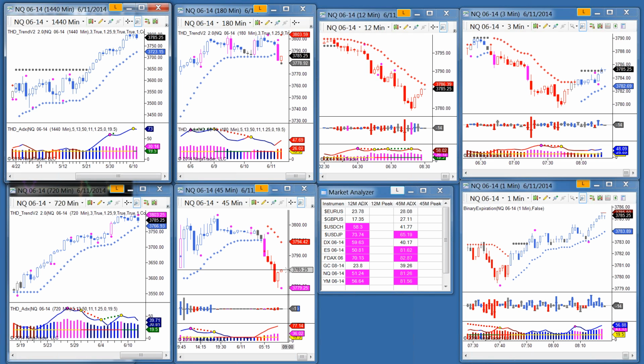It will definitely plot at the end of the bar, okay? But sometimes intra-bar you will not see it until after the magenta peak has actually come in. It will appear over here in the market analyzer very quickly, as long as you have it set to update intra-bar, okay?